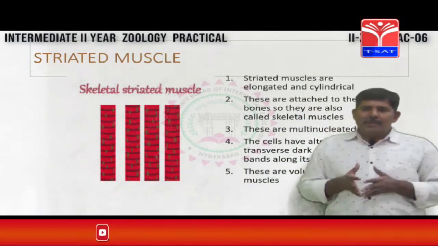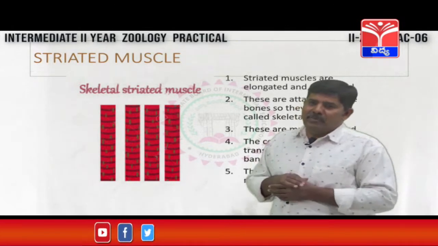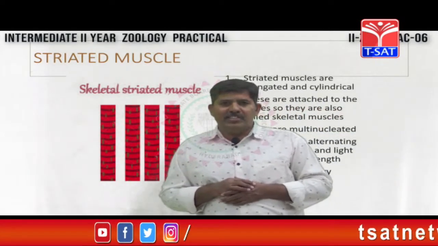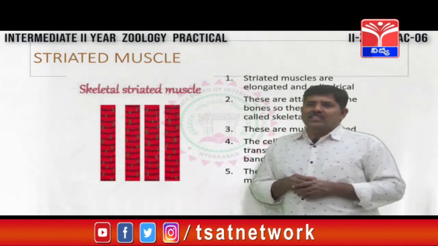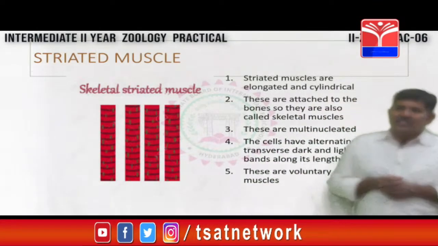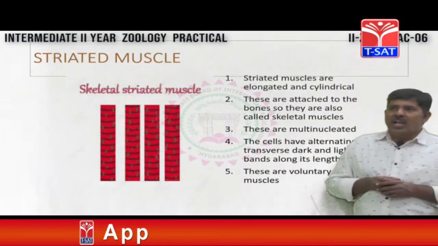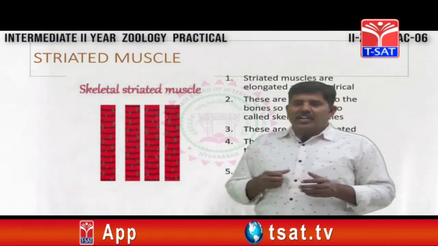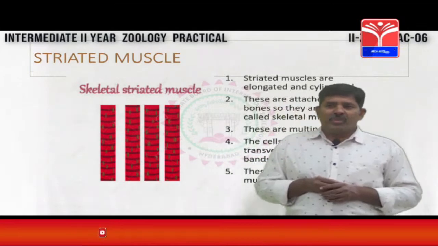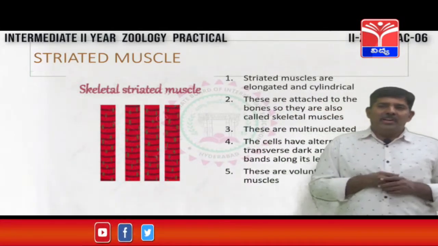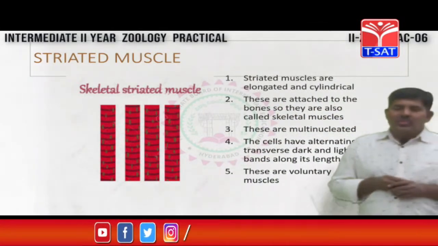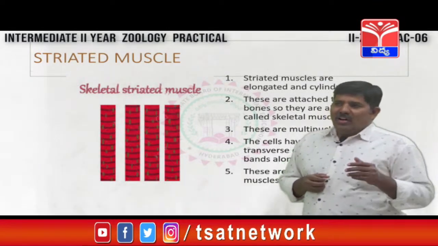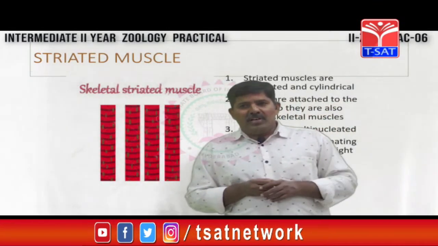So these muscles have three names: striated muscles, striped muscles, and skeletal muscles. This is the naming of the muscles. These muscles are multinucleated; they contain a large number of nuclei. And these muscles are voluntary muscles, commanded by another organ, the brain.